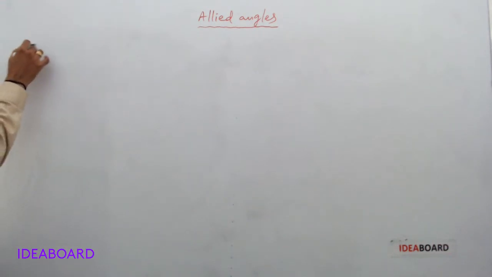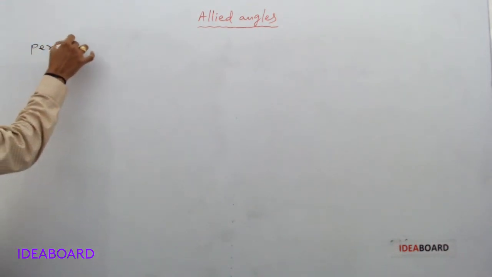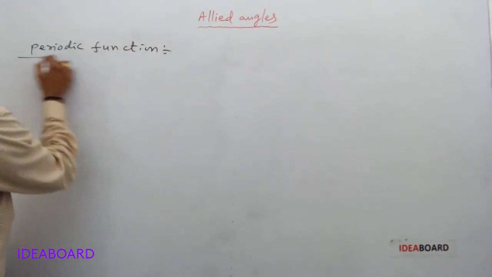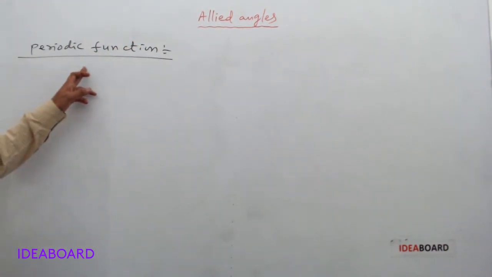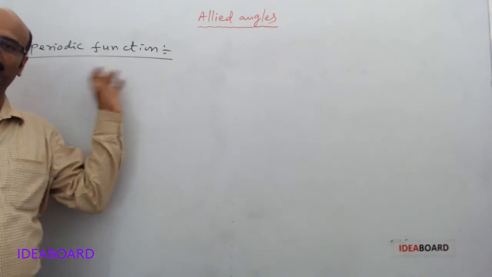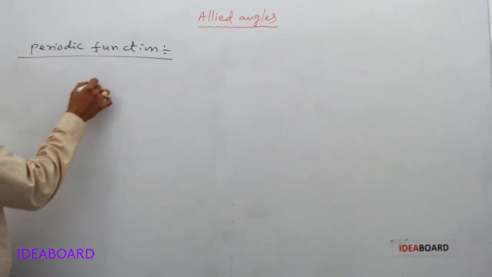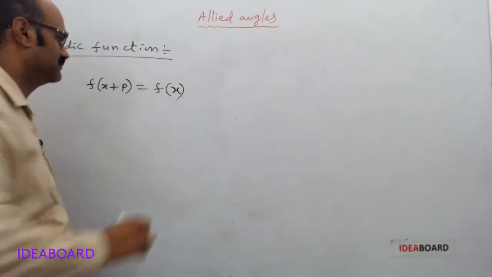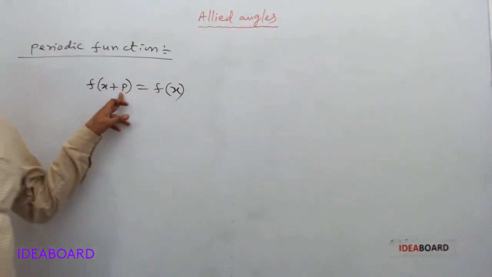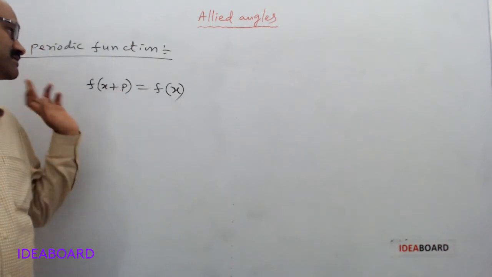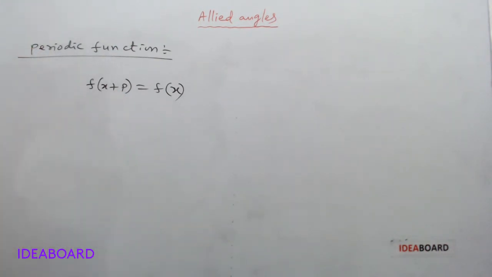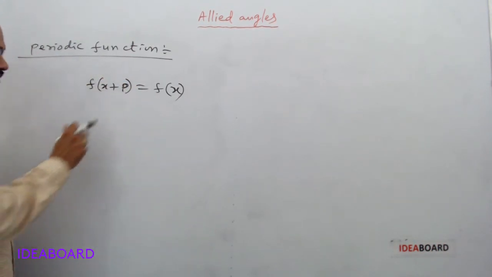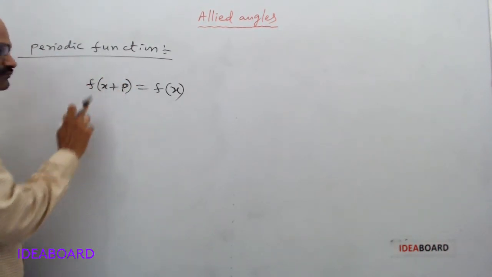Next we have to discuss periodic functions. A function f of x is said to be a periodic function if f of x plus p equal to f of x. Here p is the least positive value.